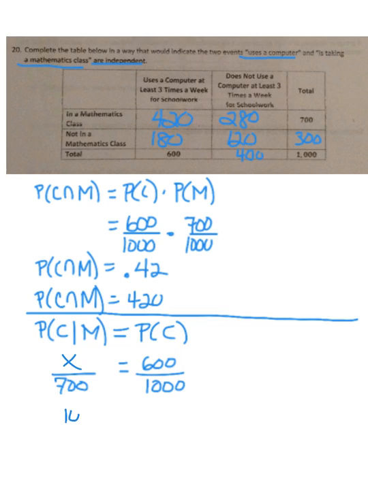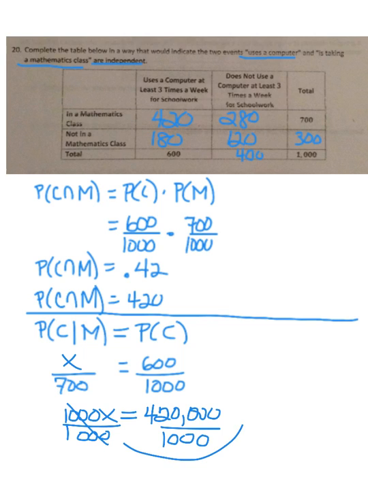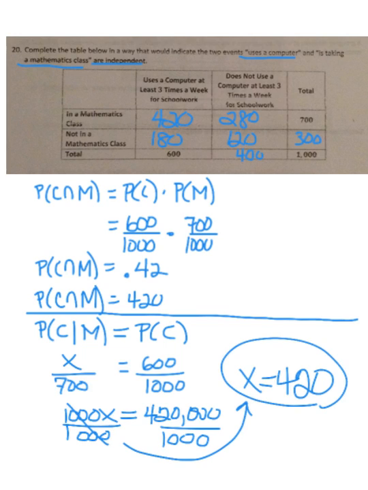So X times 1,000 would be 1,000X, and 700 times 600 would be 420,000, right? And then just divide out the 1,000 and you have X equals 420. So that's another way to do it. You may like that. If you like it, use it. If you don't, don't. Make sure you take notes, okay?